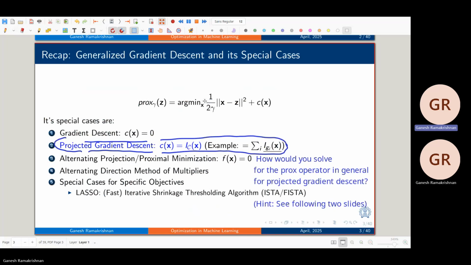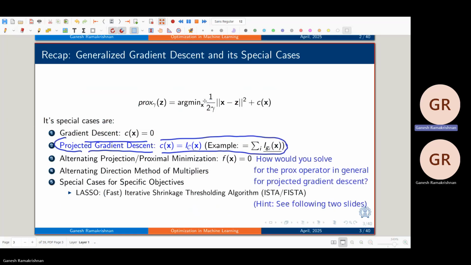That differentiable component gives you an estimate Z. You find an X that is as close as possible to Z, while also ensuring that the non-differentiable component C is minimized, right? That's the basic idea.